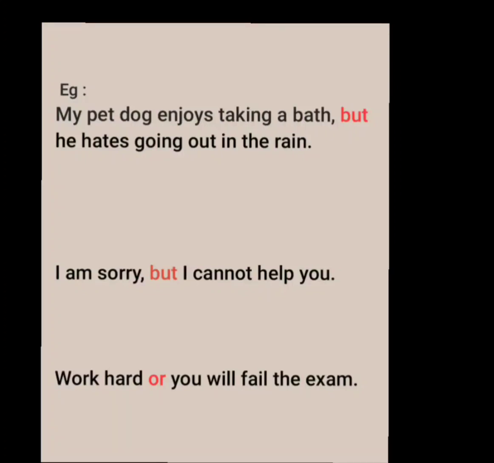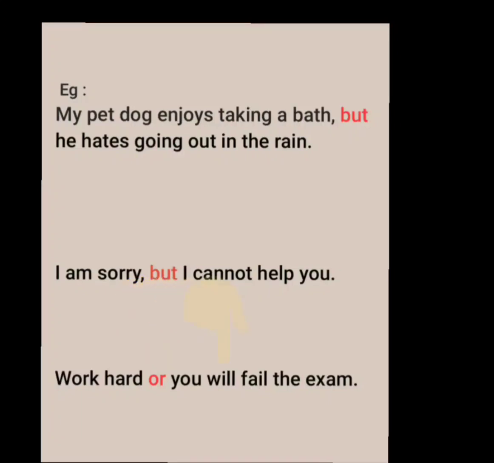By simply adding conjunctions. Let's see one more example. If I say, I'm sorry, but I cannot help you. So this is how we have to use conjunctions. Okay. Work hard or you will fail the exam. So now you have only two options. Either you work hard, otherwise what will happen? Or you will fail the exam.